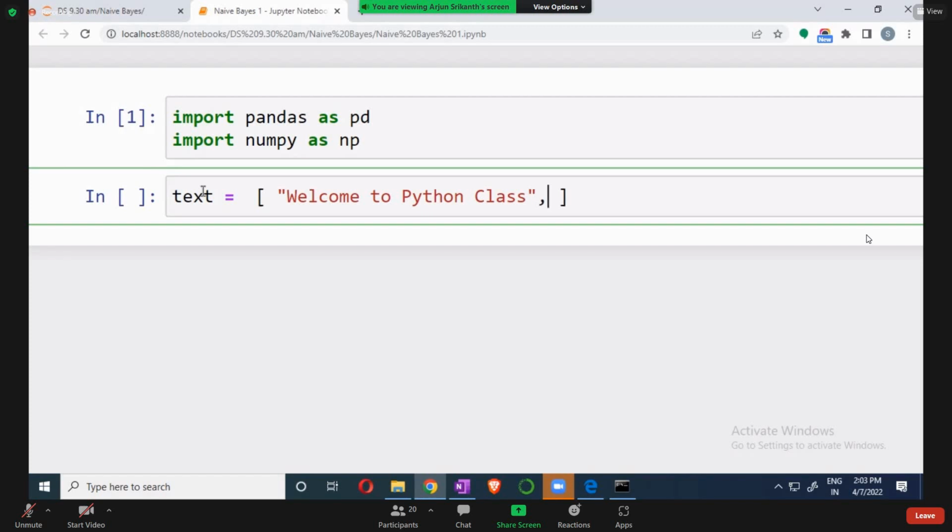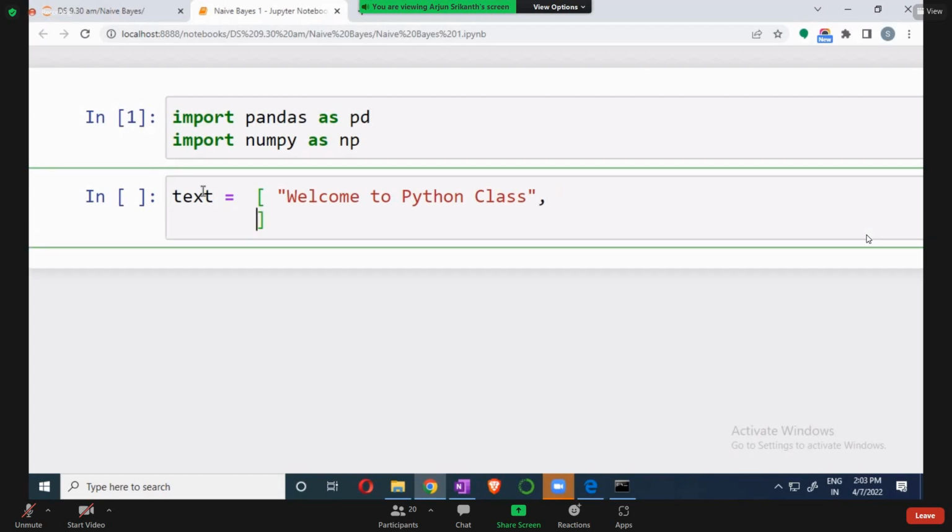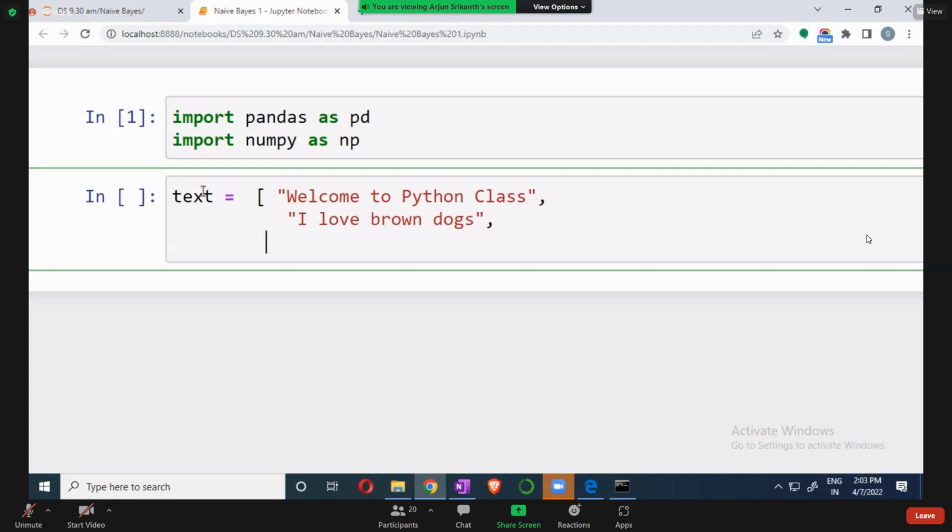Second one, I will give it as box. Third one is India.